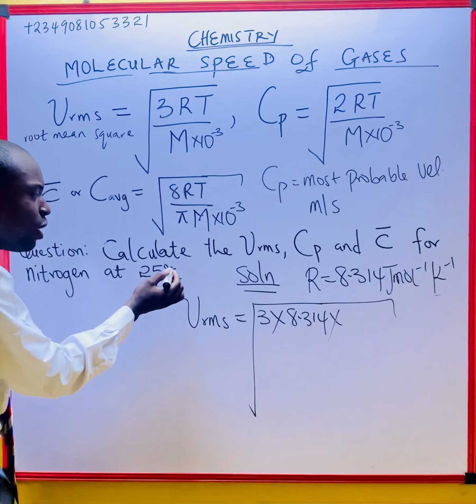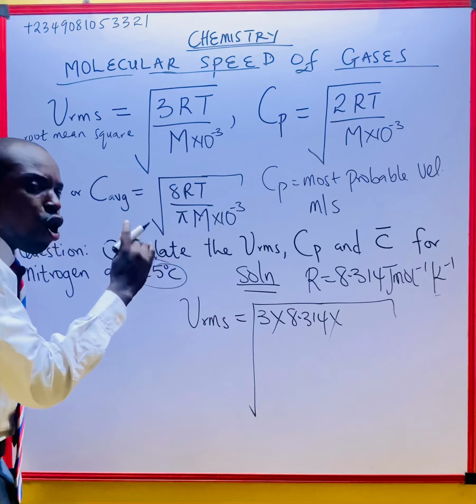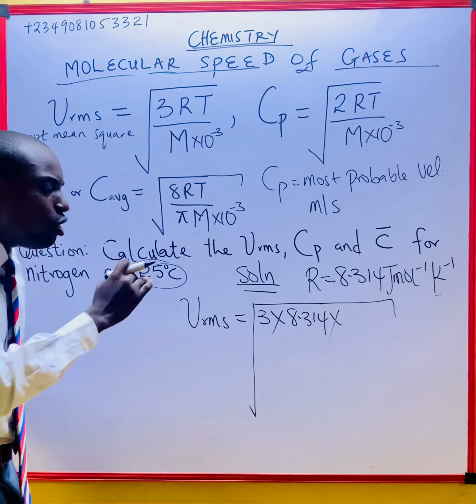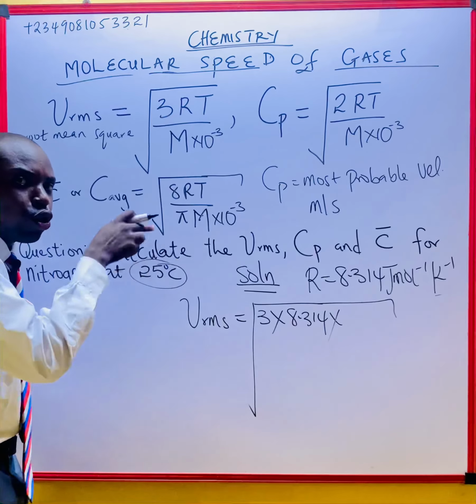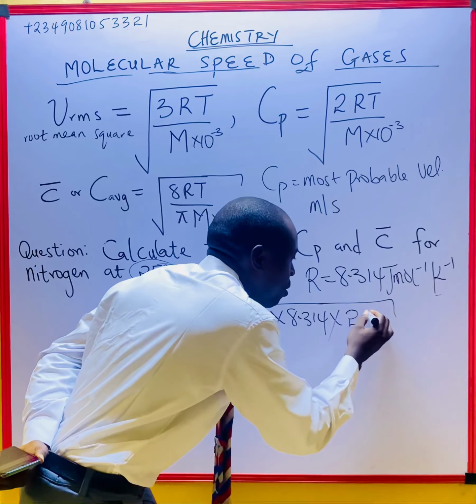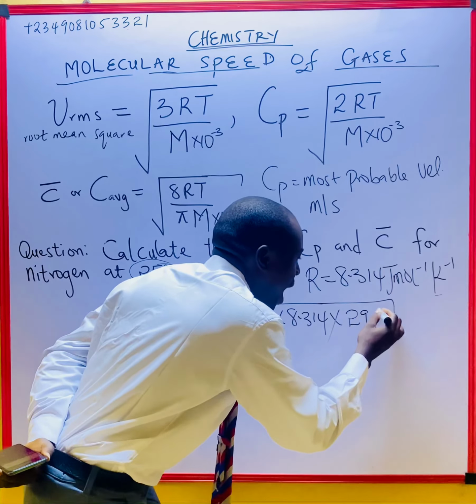So convert 25 degrees Celsius to Kelvin by adding 273, meaning 25 plus 273 gives 298, over the molar mass of nitrogen.